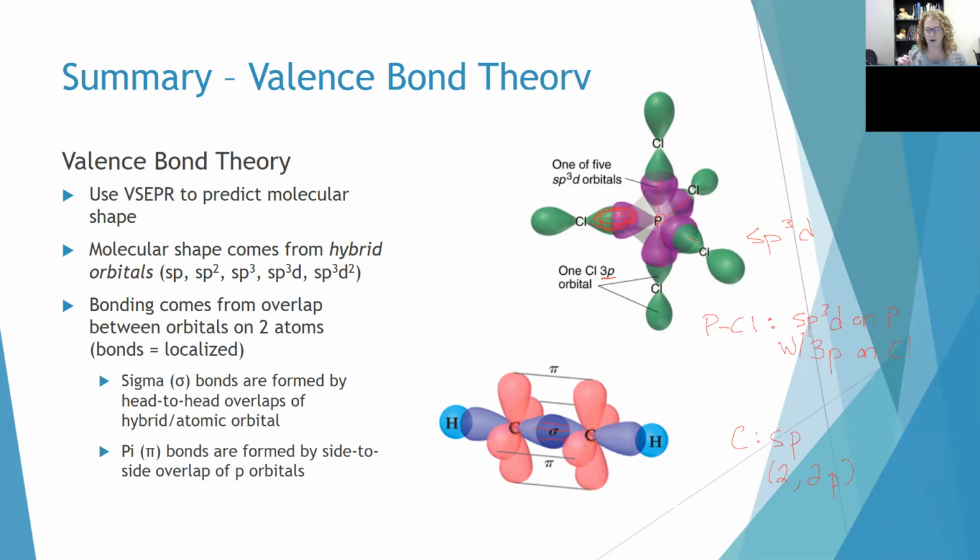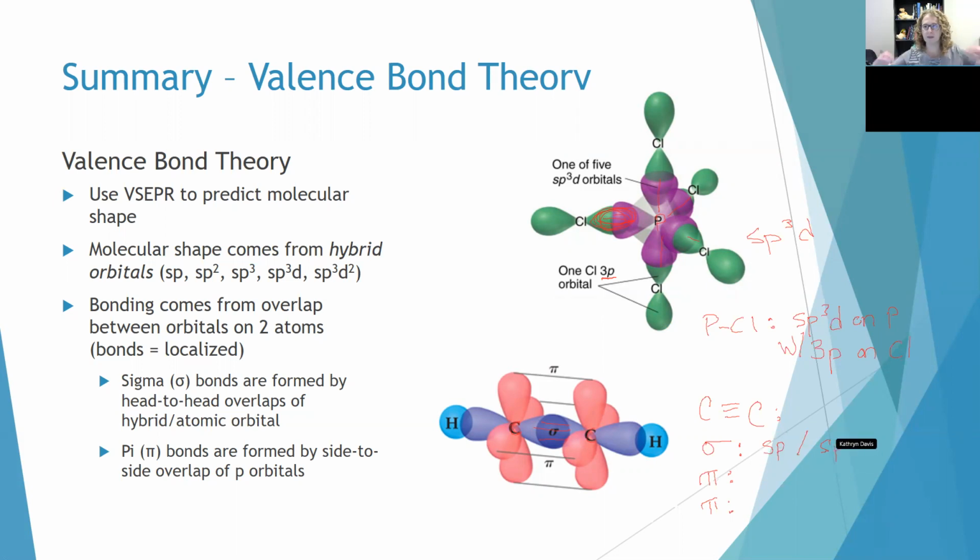On the other hand, when I have multiple bonds, I have to break them down into sigma and pi. And so the way that that breaks down is that the carbon-carbon triple bond, remember, was composed of a sigma bond and then a couple of pi bonds. The sigma bond was the sp overlapping the sp.